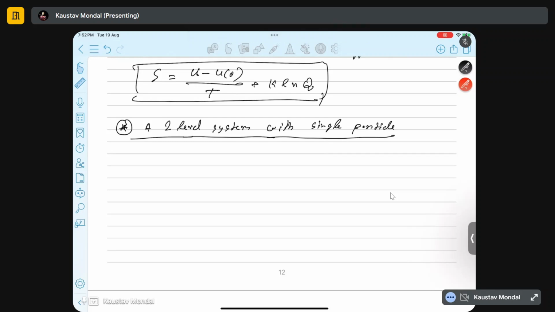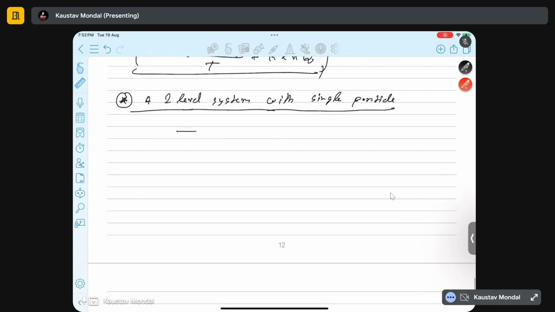So how can you do that? Let me first draw the system. This two-level system has energy, let's suppose, E, and energy 0. A single particle is there, only one particle. So what are the possible ensembles that can happen with the system?